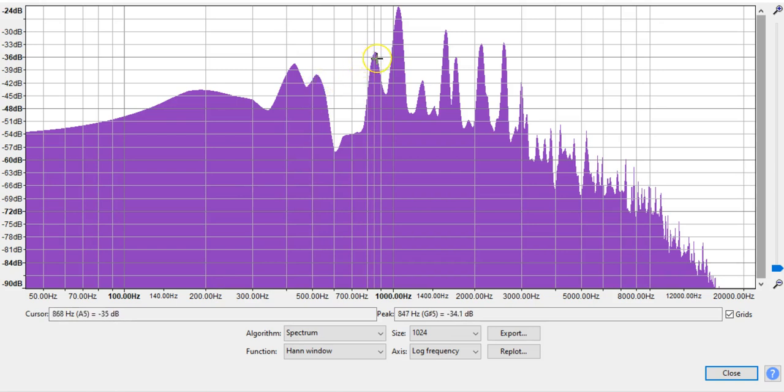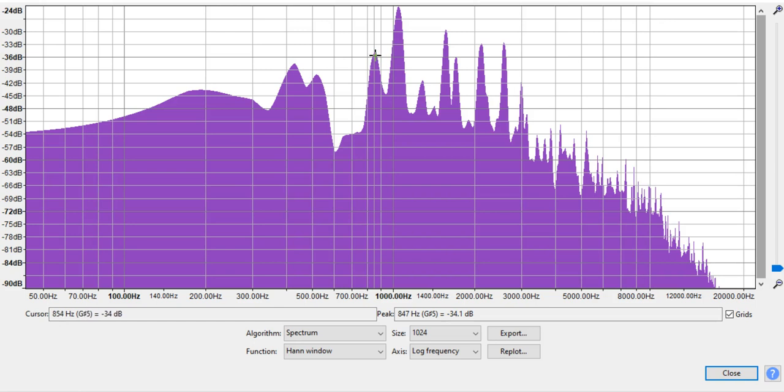I'm going to go to the third one. It looks like it's just a little bit past here. If we look down at the lower left, when the cursor is on that location, I get about 800.